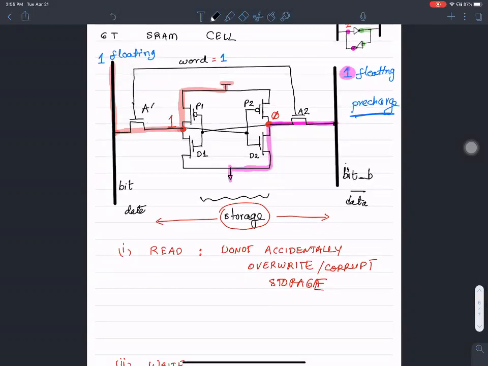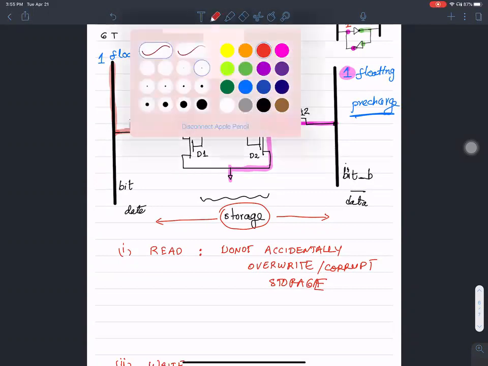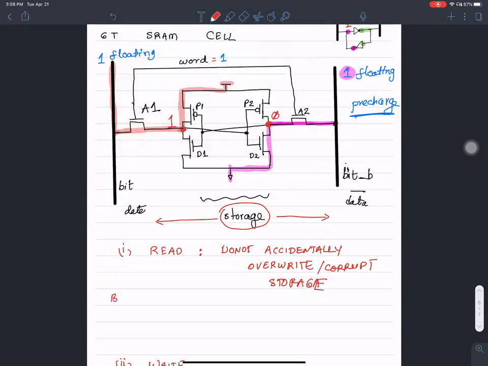Through the access transistor A1, I'm making the bit line, so the bit line is going to be reinforced to a value of 1, and bit bar is going to be pulled down to a 0. Does that make sense?